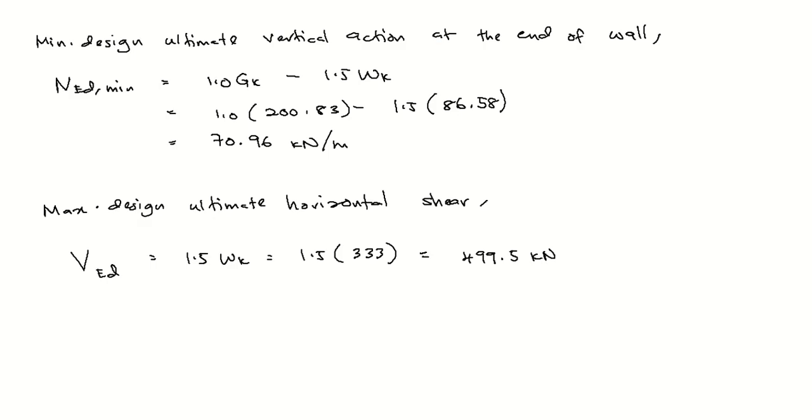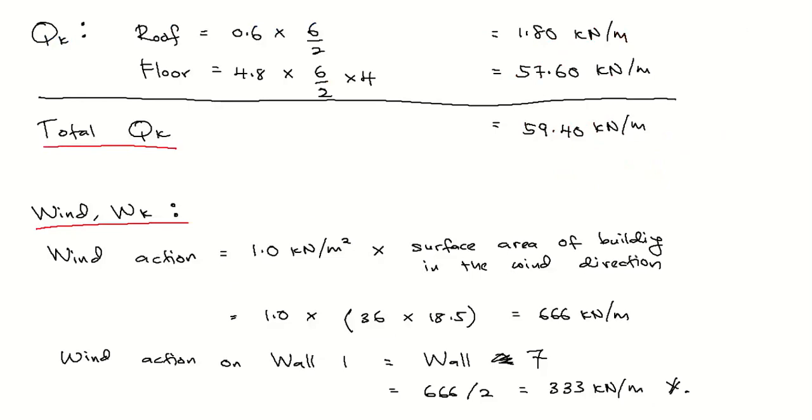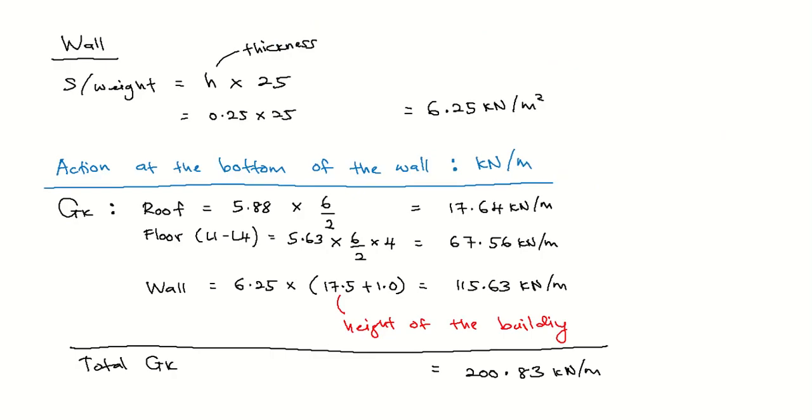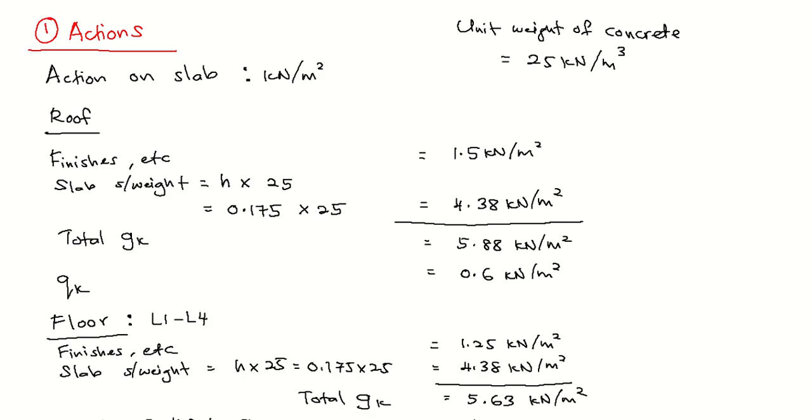At the very beginning of this example, for the floor 5.63, and you cannot see at the bottom here, there is a 4.8 value of GK. For the roof we are going to use this 5.88 and 0.6.